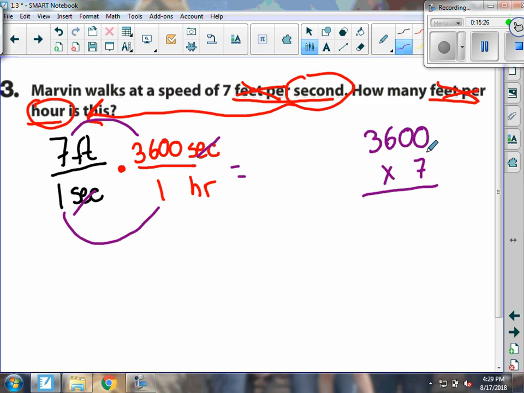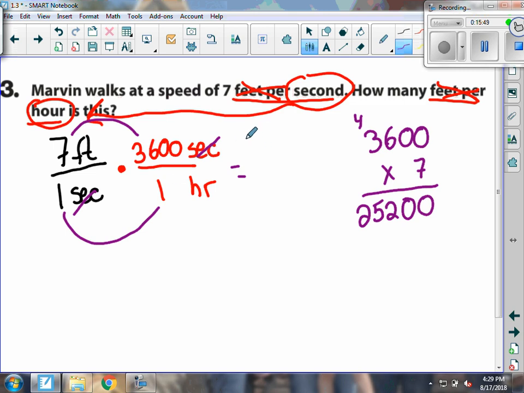7 times 0 is 0. 7 times 0 again, 0. 7 times 6 is 42. 7 times 3 is 21, plus 4 is 25.